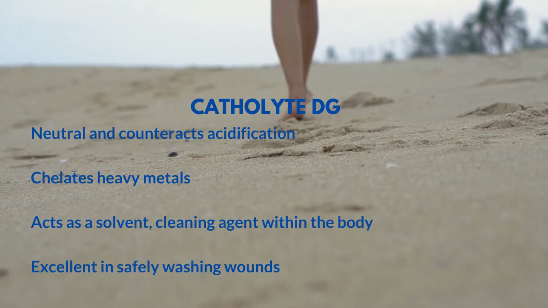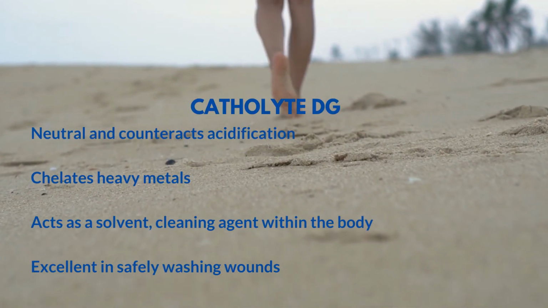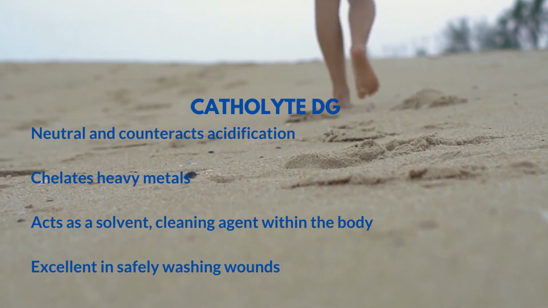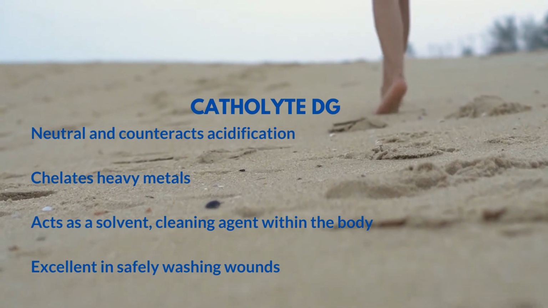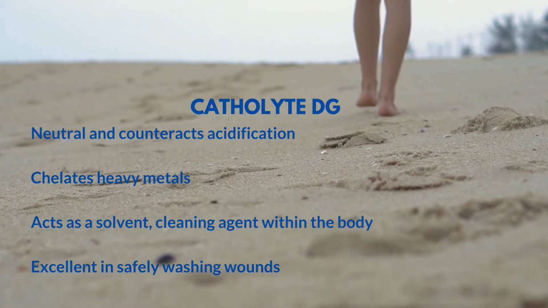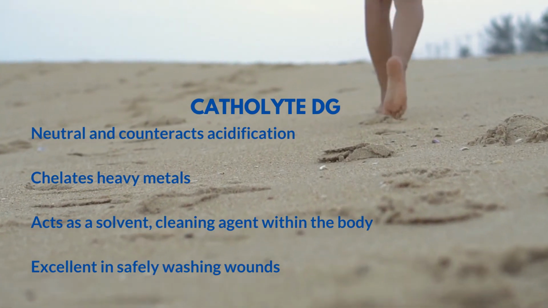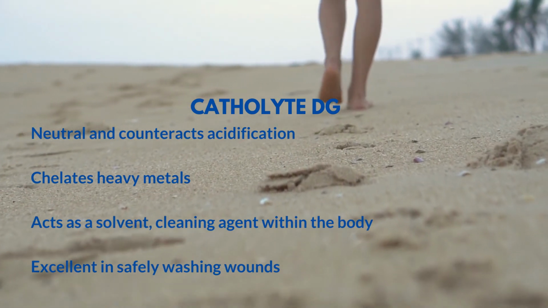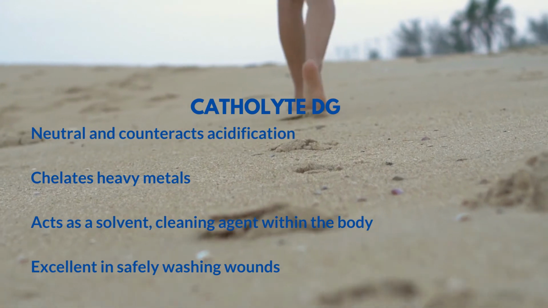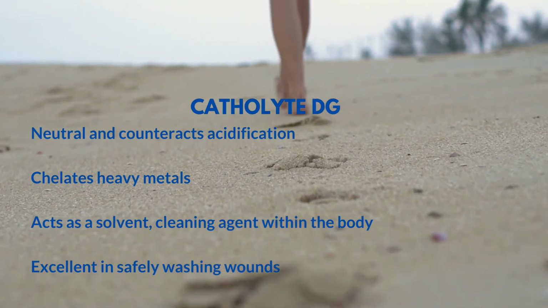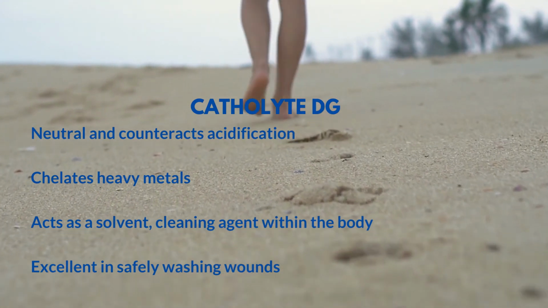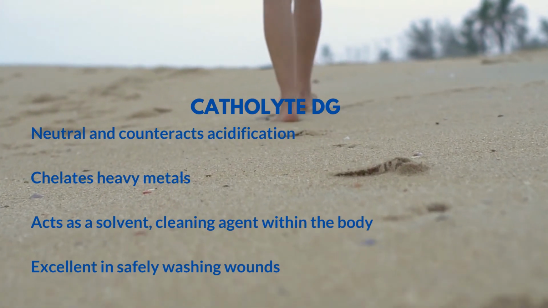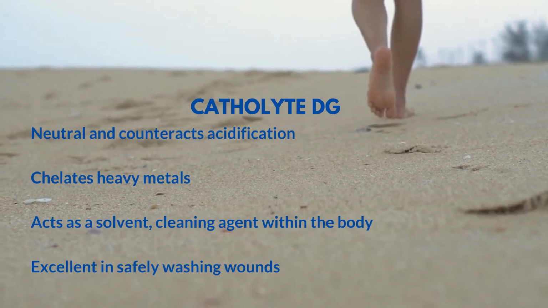Let's look at Catholite, the byproduct of Analyte. Catholite is neutral. It counteracts acidification within the body. It has been used very, very successfully to chelate heavy metals. Now, as we know, the cellular structure has an internal nucleus, which is covered by a sacking, and it contains what we call water, but it's slag, around the cellular structure.